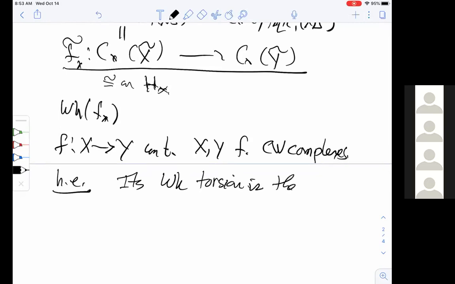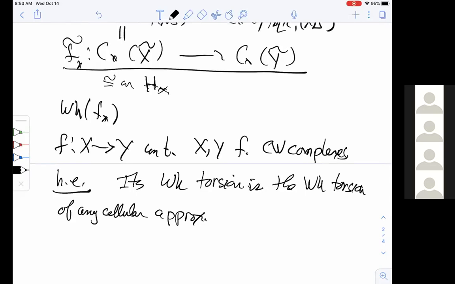It's the Whitehead torsion of any cellular approximation. And I argued that that's a well-defined definition.